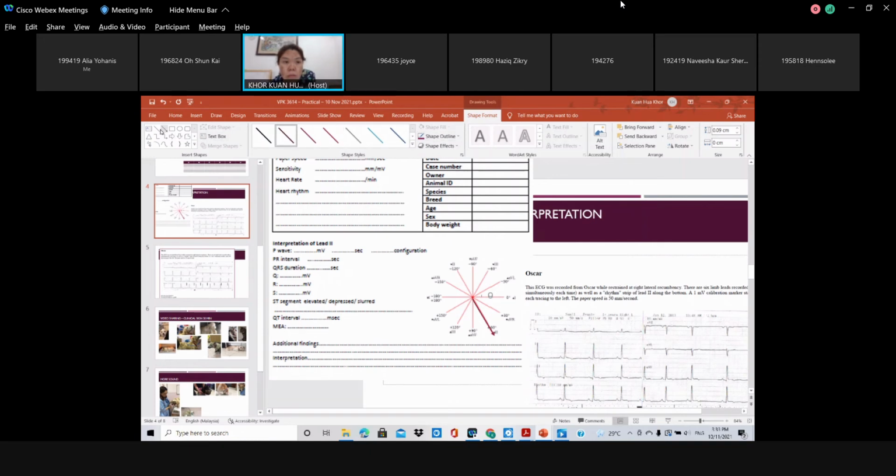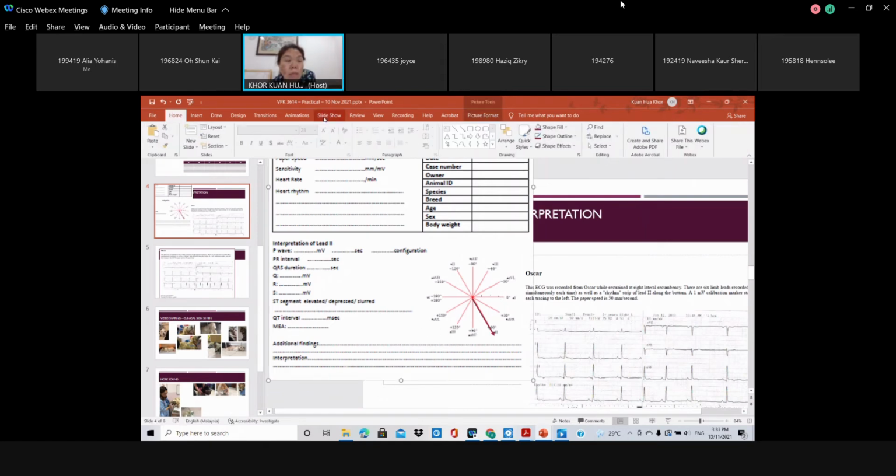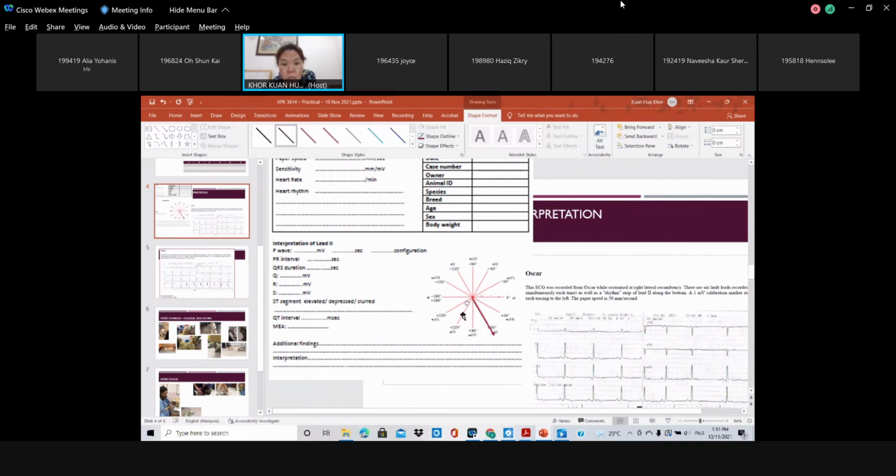Then I want to put another scale of 5 because Shun Kai said, Doctor, you should be looking at lead 1 and lead 3. So this is my lead 3 over here. You can make up your own scale, no problem at all.